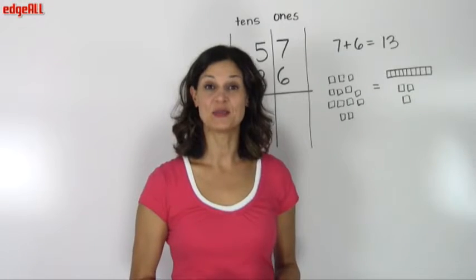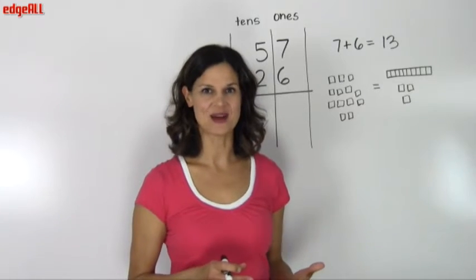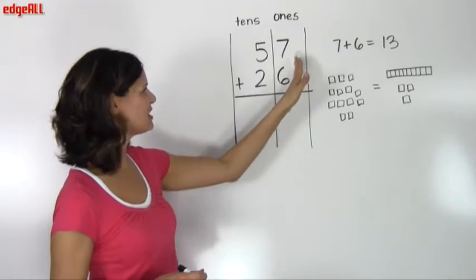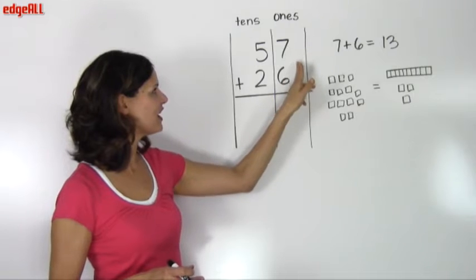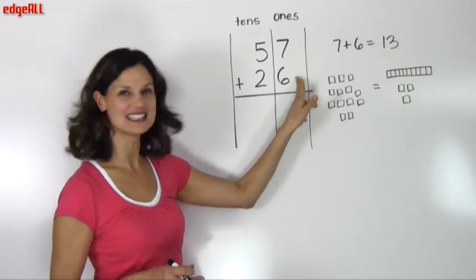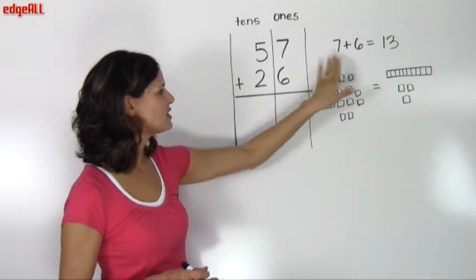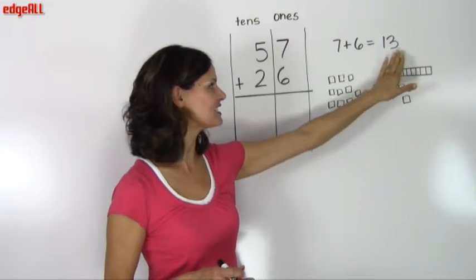Let's go back to the problem that we're trying to solve, 57 plus 26. We have it here on the board behind us, and we know that we want to begin by adding together the digits, 7 and 6, in our ones column. When we add 7 plus 6, we get 13.